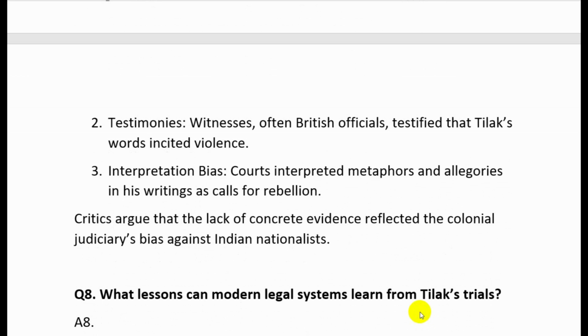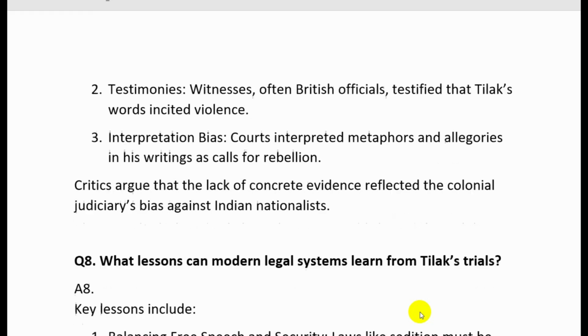And interpretation bias: courts interpreted metaphors and allegories in his writings as calls for rebellion. Critics argue that the lack of concrete evidence reflected the colonial judiciary's bias against Indian nationalists.